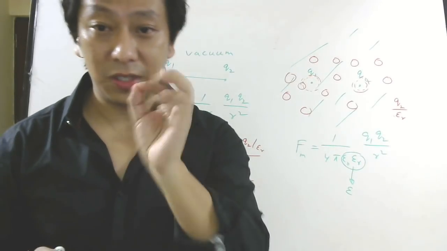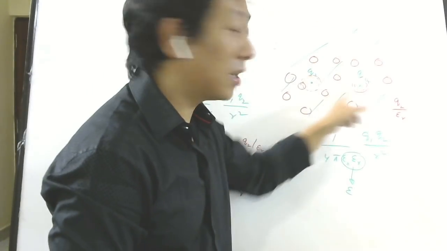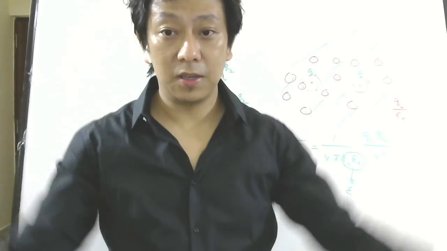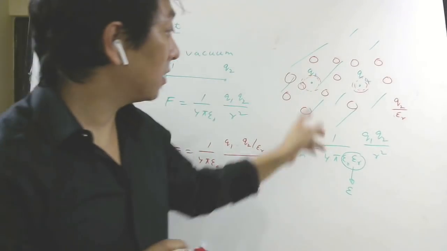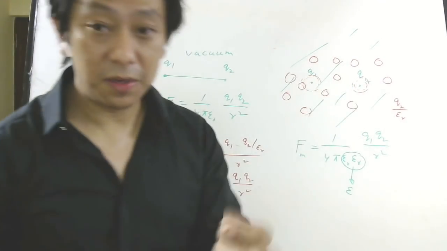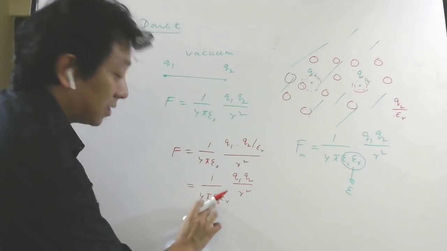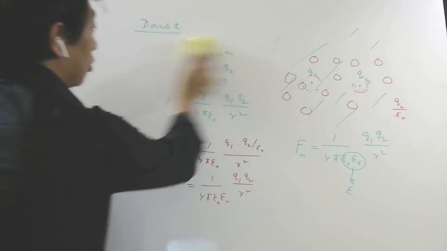And we just need to remember that if the space where these two charges are kept is surrounded everywhere, if it is infinitely spread out, then the force between these two can be simply found by writing epsilon r along with epsilon naught. So don't get confused, no need to worry so much about this part.